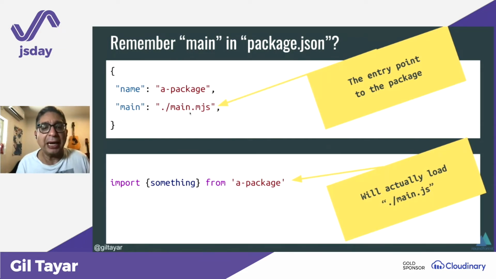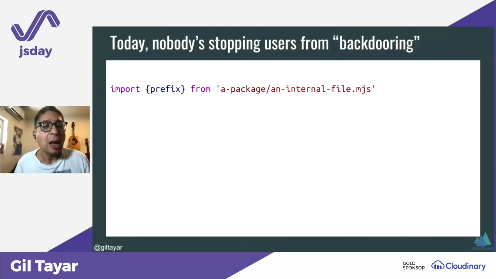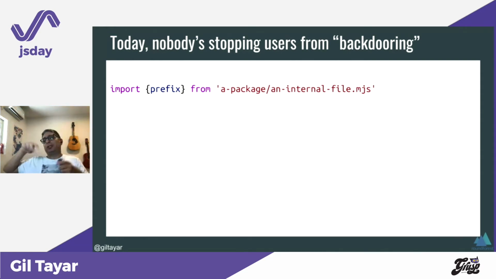So main is the entry point to that package. But today, nobody is stopping users from backdooring: import prefix from a package slash internal file.mjs. Anybody can just slash and deep link into a file in the package, and this is not nice.